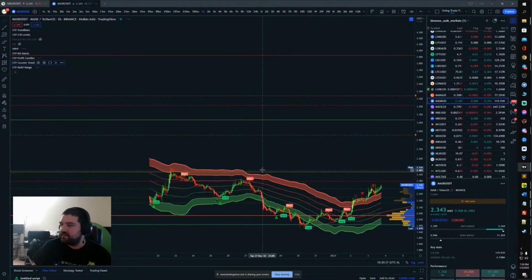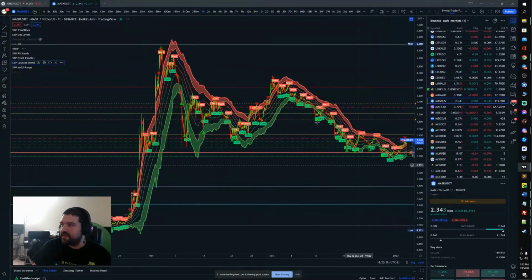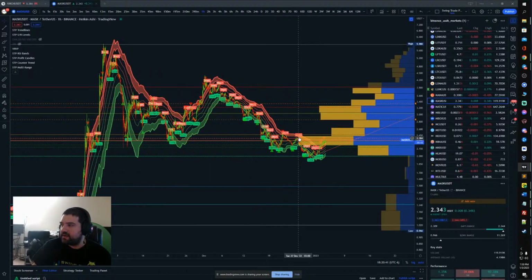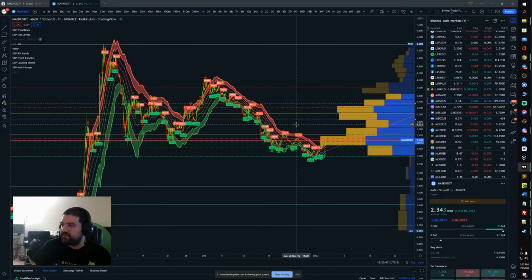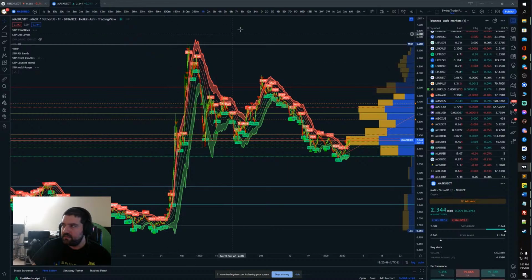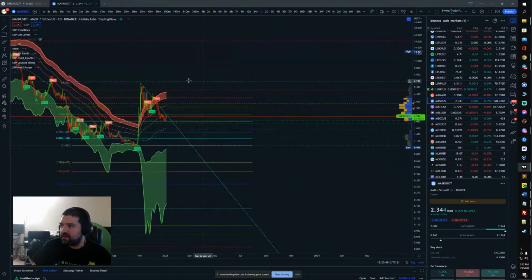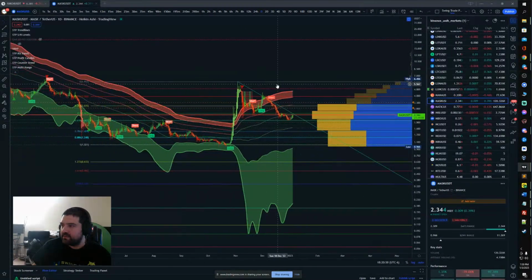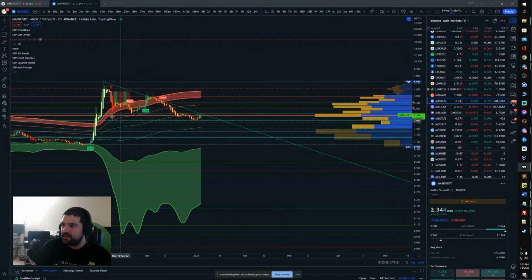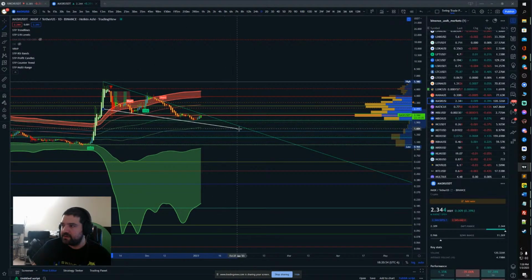Yeah, so Mask looks pretty good. It's starting to now break out of this range. And its next real resistance, like I said, is around that 245 level. If you look from this bottom here, it does look like we're looking at some sort of wedge pattern playing out.